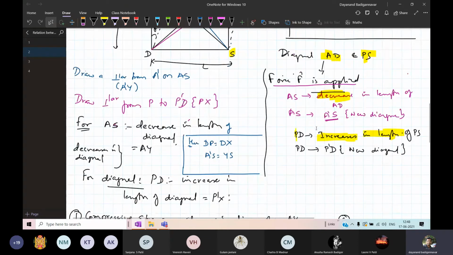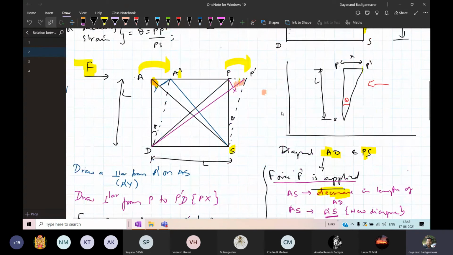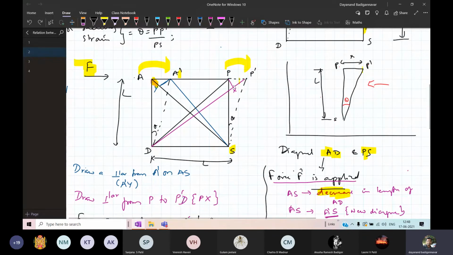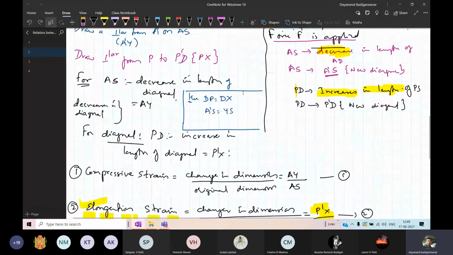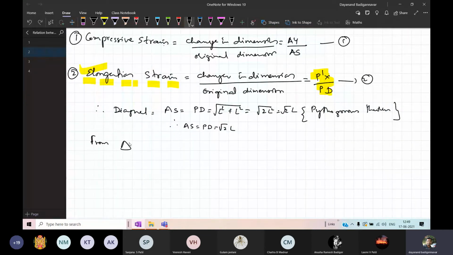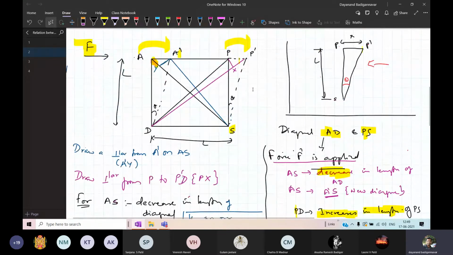Okay. Now I have to find next P dash X. From the triangle, I want P dash X. This is the evaluation I have to do. To evaluate P dash X, I should use the triangle P dash X. Which triangle am I using?